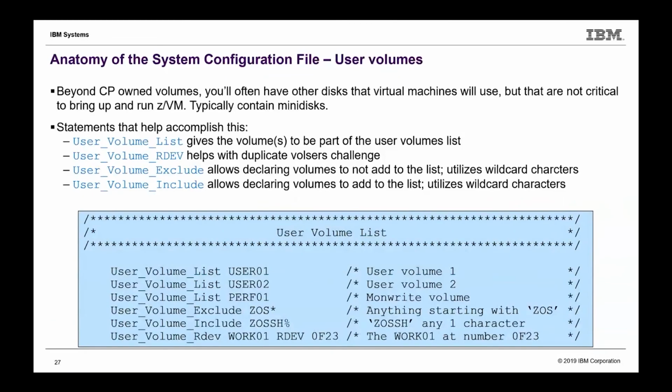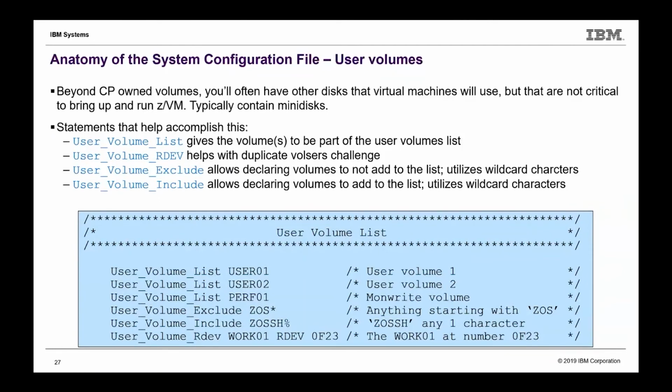Now, I mentioned earlier that we had those CP-owned or system volumes and so forth, right? But then we also have user volumes. And this is typically where mini disks and those type of structures are going to live. There's a number of ways that you can do that. I tend to just use user volume list because my systems that I play with typically aren't that large and don't change that much.